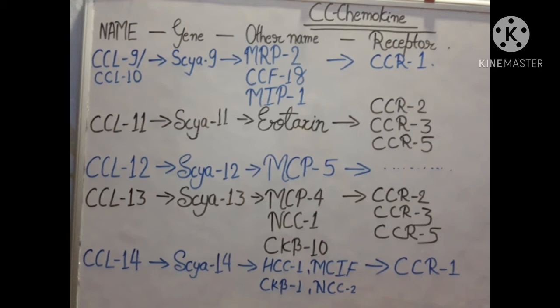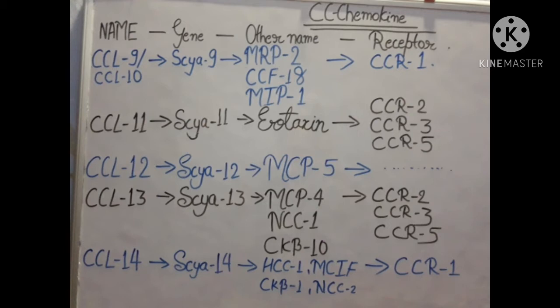CCL11 is encoded by the SCYA11 gene, and its other name is eotaxin, and its receptors are CCR2, CCR3, and CCR5. CCL12 is encoded by the SCYA12 gene, and it is also known as MCP5.